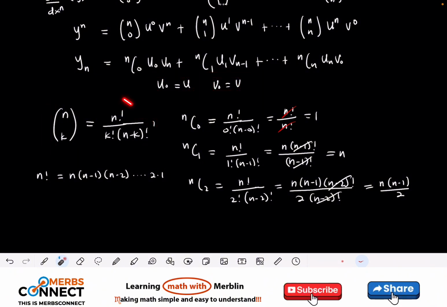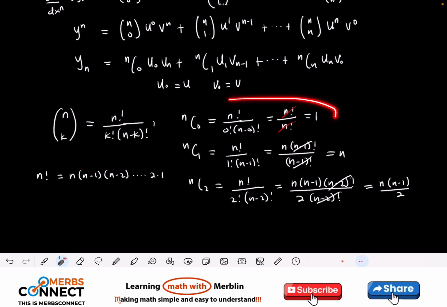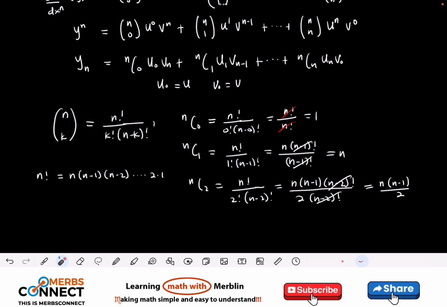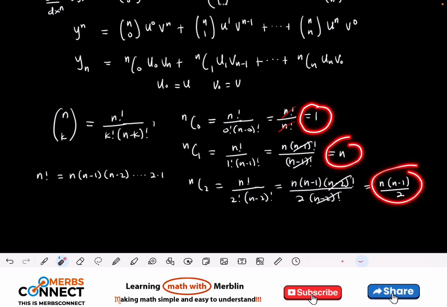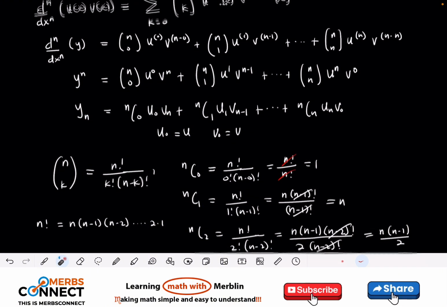When we are doing some of the calculations, we need to remember this so that we can learn how to do the expansion. For me, I know that n combination 0 is 1, this one is also equal to n, and this one is equal to this. But know the process in case you forget, then you can just go through the process to work it out, right?